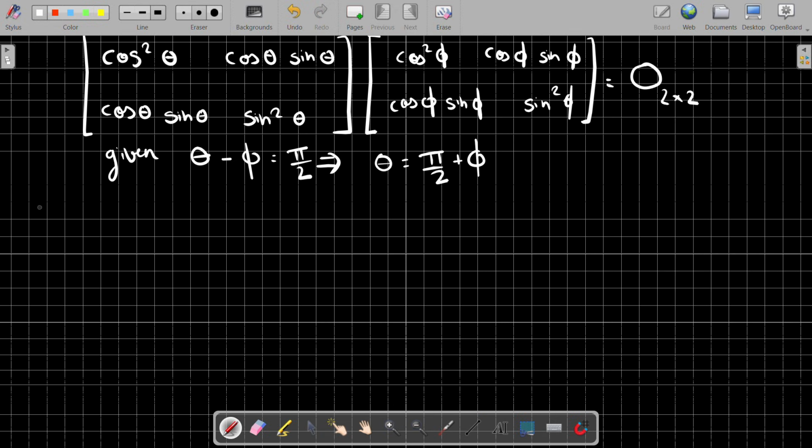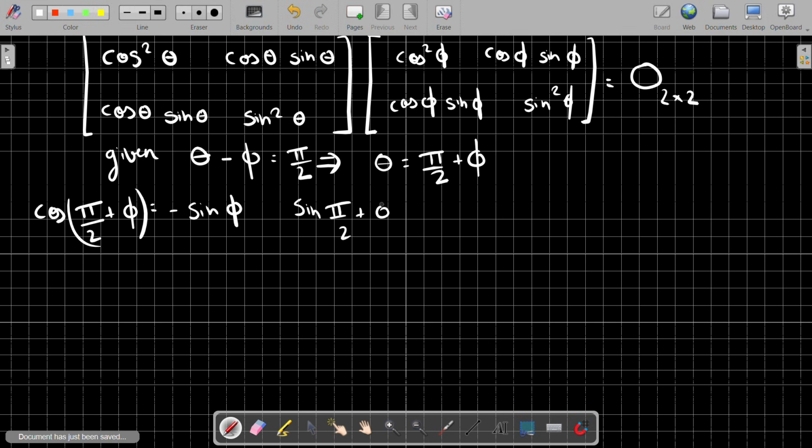So as we all know, cos of pi by 2 plus phi is equal to minus sin phi, and in a similar fashion sin of pi by 2 plus phi will result in cos phi.